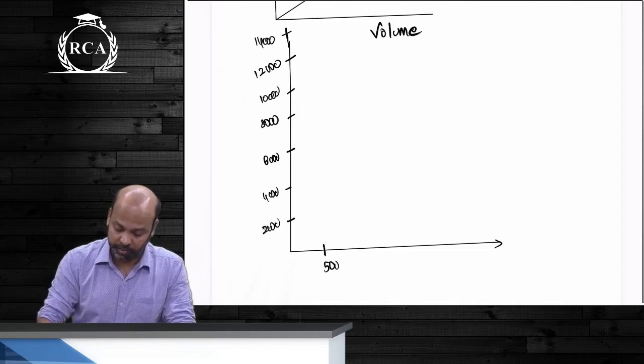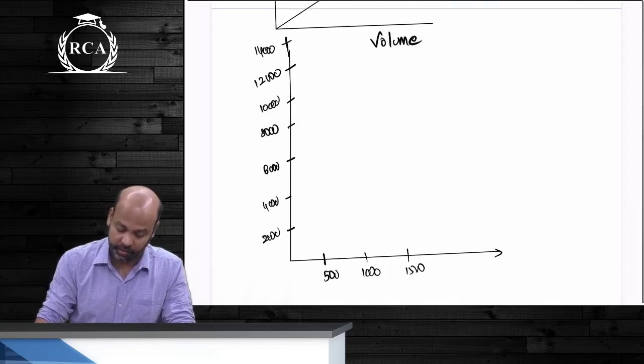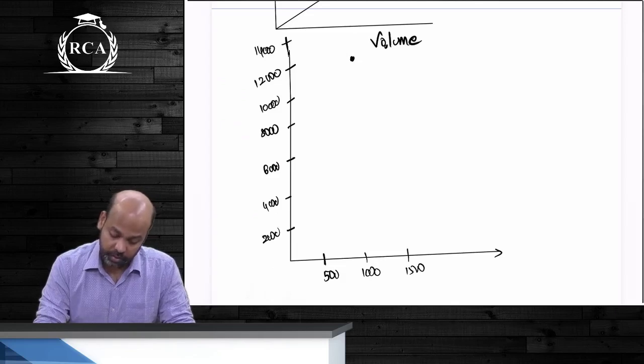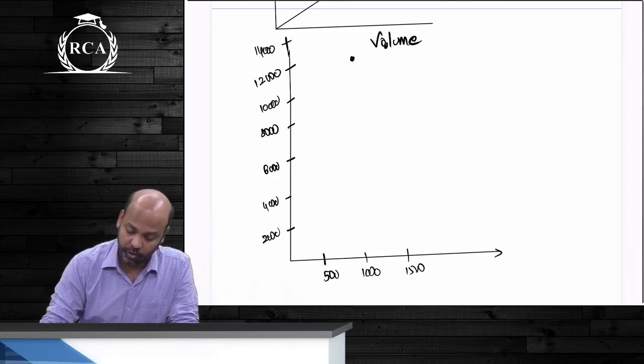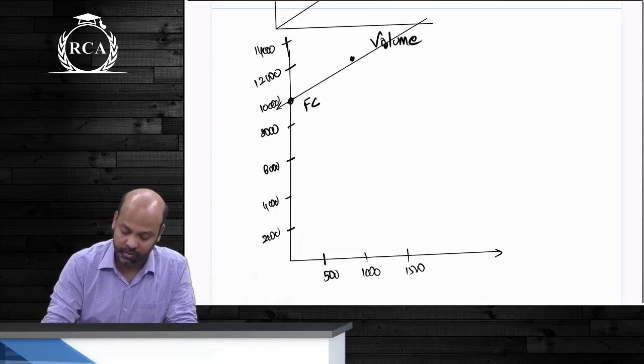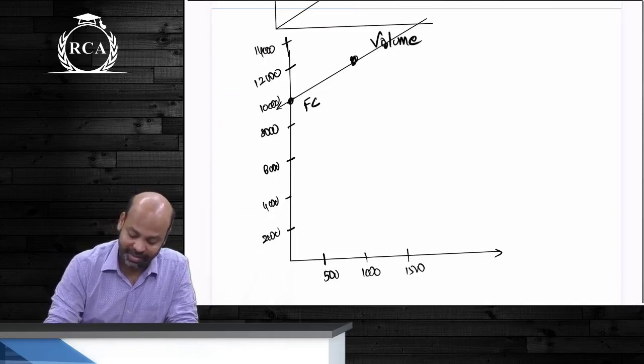Let's take a volume of 500, 1,000 and 1,500, guys. What is the total cost that we are incurring at 1,000 units? 12,000 rupees. At 1,500 units, we are incurring a total cost of 13,000, somewhere here. Now if you join these 2 points and extend, the point where it cuts the y-axis will be the point of your fixed cost. I know the answer is 10,000, guys, so it should touch there only. Are we clear about this?